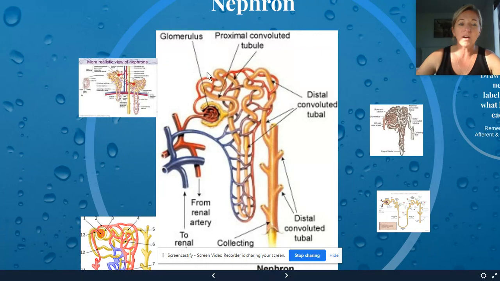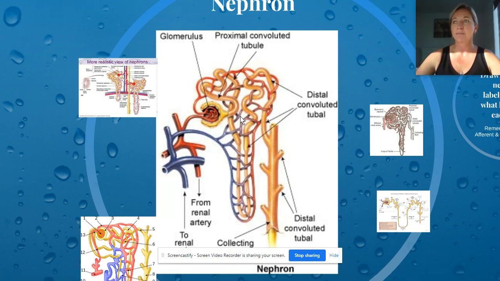Now, all around the nephron, you can see red and blue blood vessels. All of these tiny blood vessels, which have a big part in filtration, which we'll learn about afterwards, these red and blue ones are called your peritubular capillaries. When we did the muscular system, we learned about epimysium, perimysium, and endomysium.